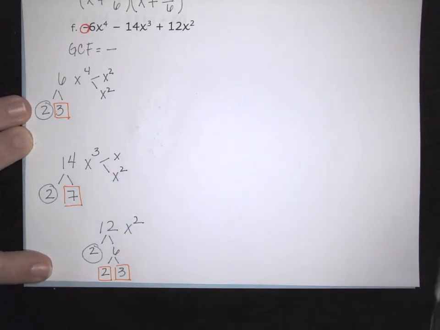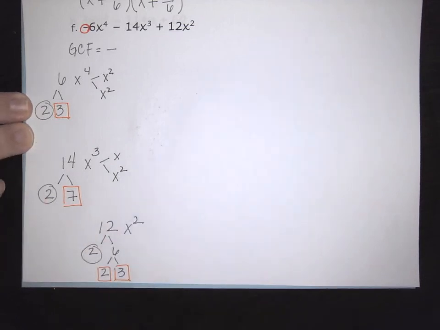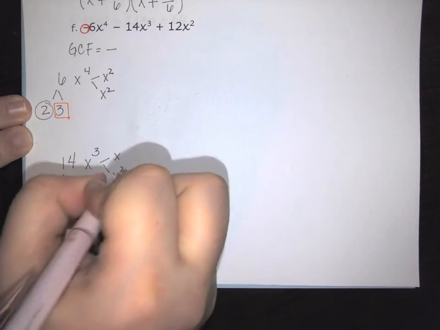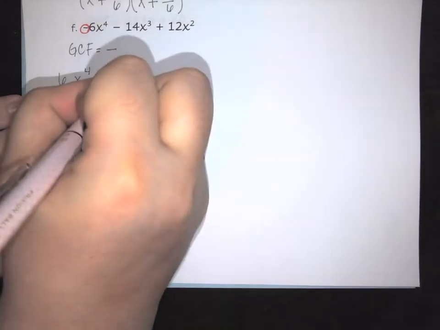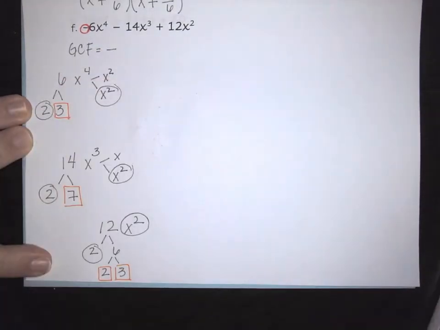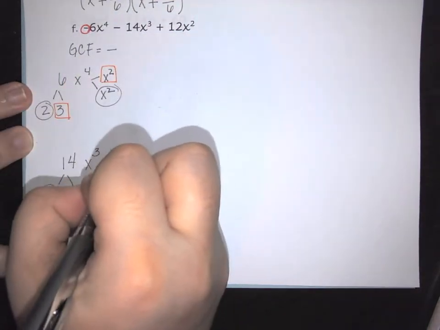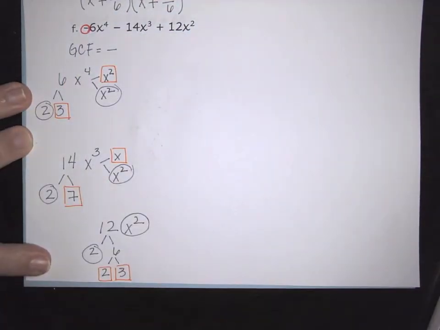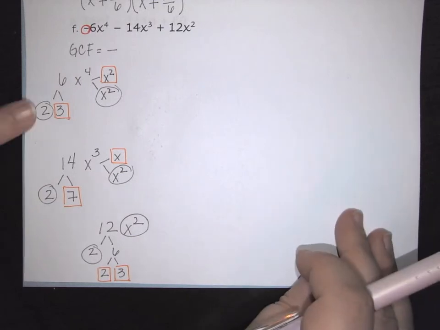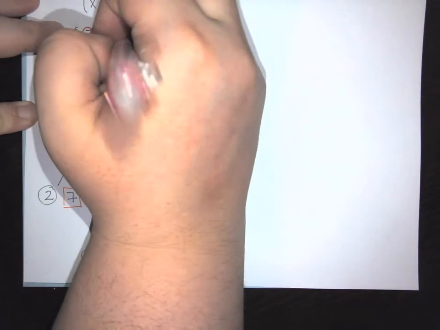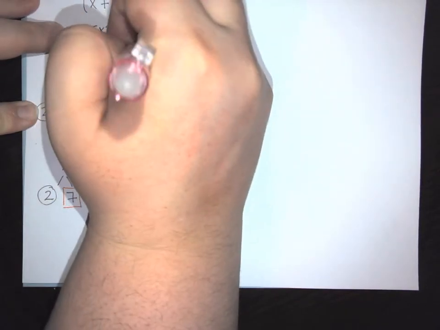And then, just like before, I need to identify my variable. I've got an x squared here, an x squared here, and an x squared here. That leaves behind my x squared and my x. So my greatest common factor is going to be the 2 and x squared. So this is 2x squared.